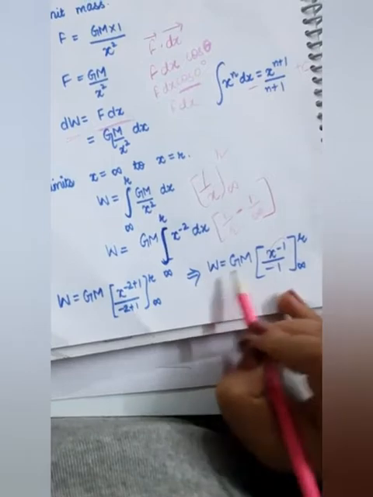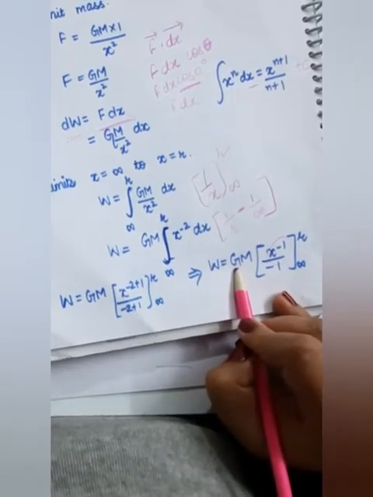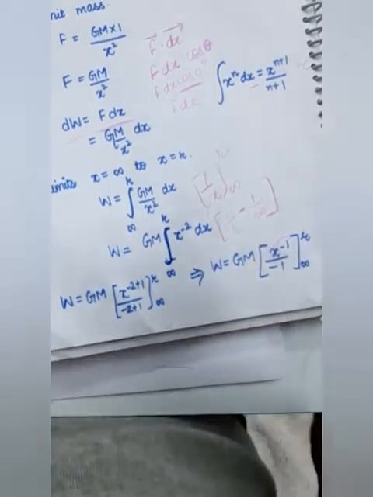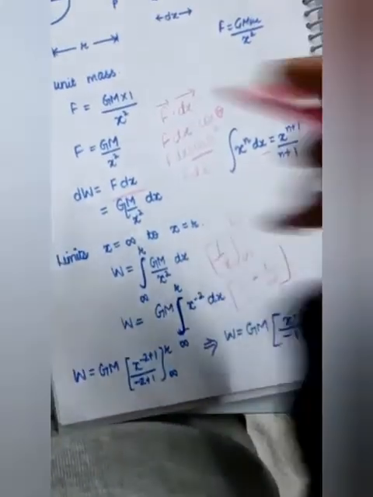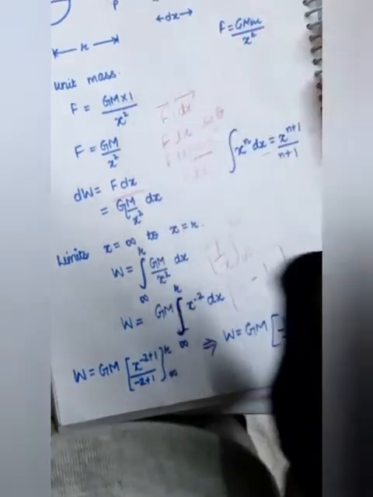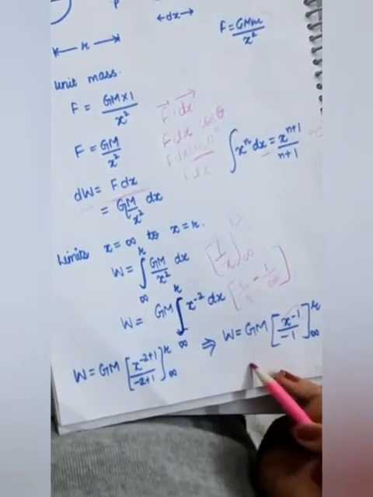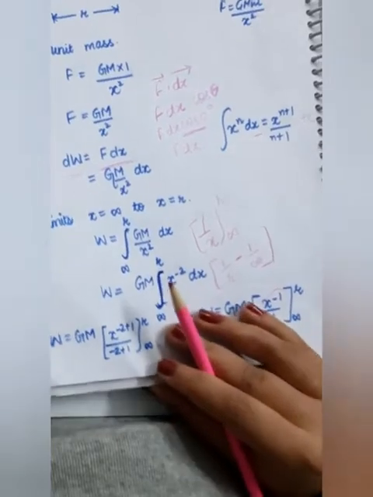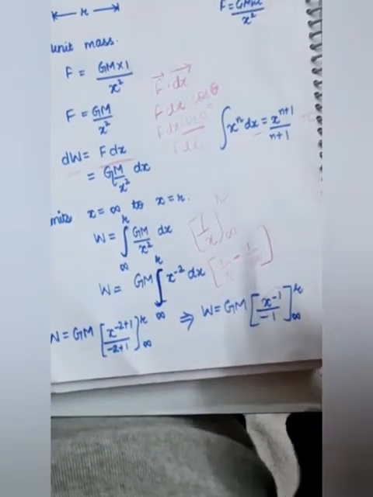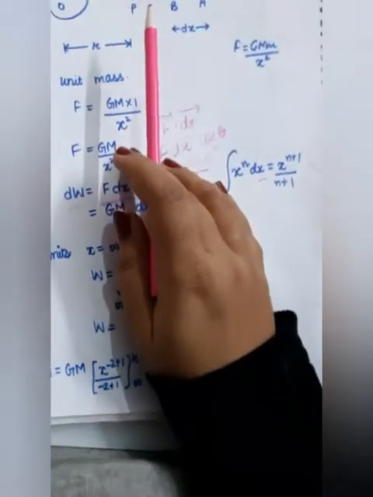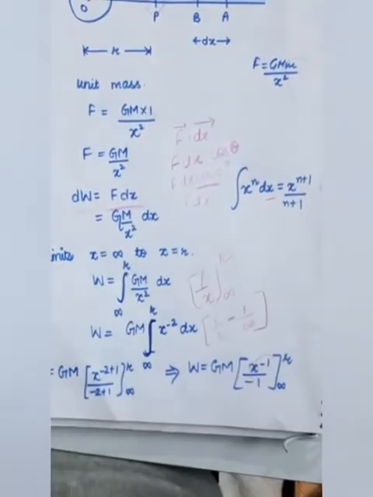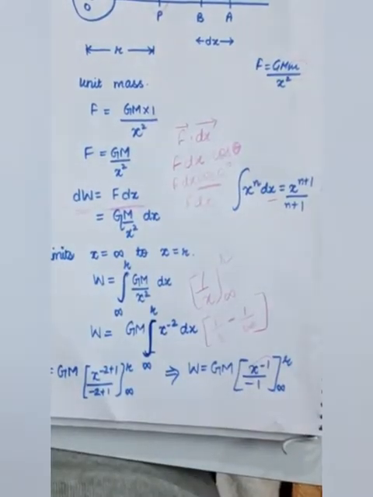So work done will become minus GM upon r. So this is the work done in carrying a unit mass. See, we considered unit mass, right? So this is the work done, minus GM upon r, in carrying a unit mass from infinity to the point whose distance from the mass capital M is r. Okay, so this way the derivation has to go.